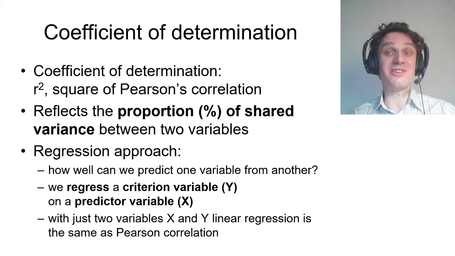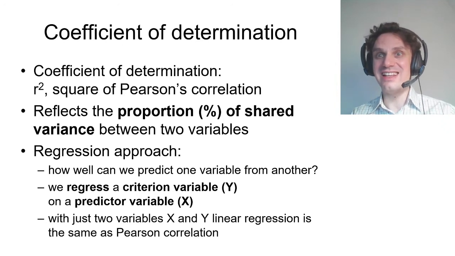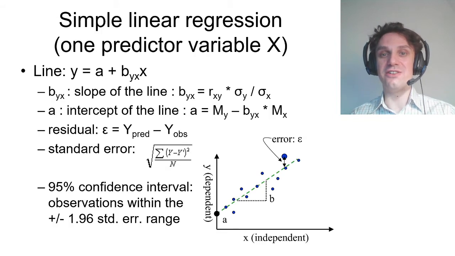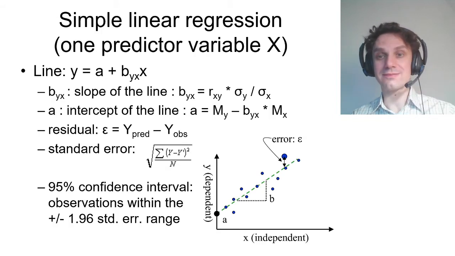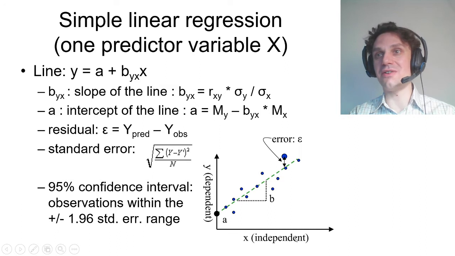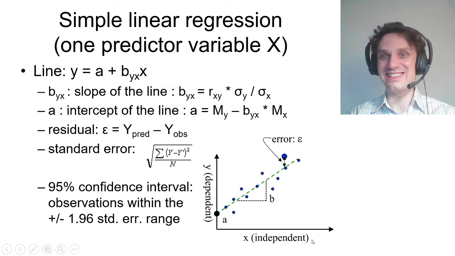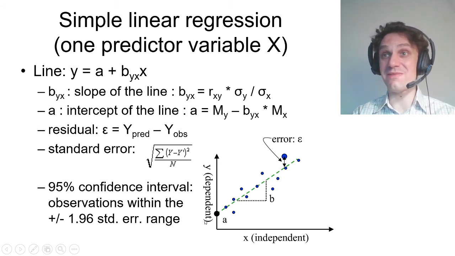But just in order to understand a little bit better this logic of regression, let's take a look at an example of linear regression for two variables. So we have our predictor variable x, which we call for this analysis the independent variable, and we have our criterion variable y, which we call for this analysis the dependent variable.